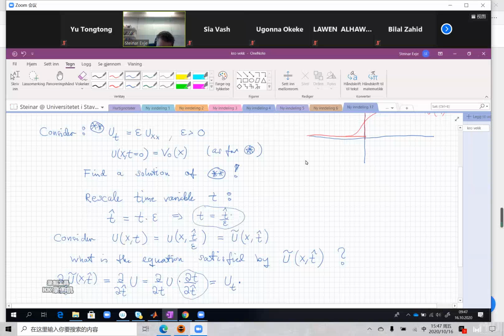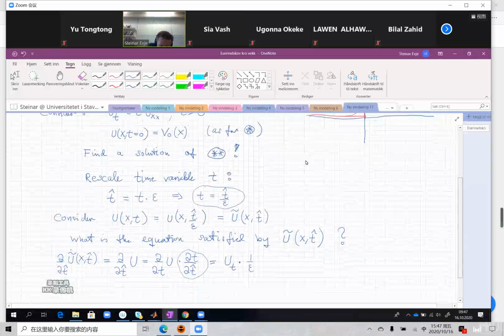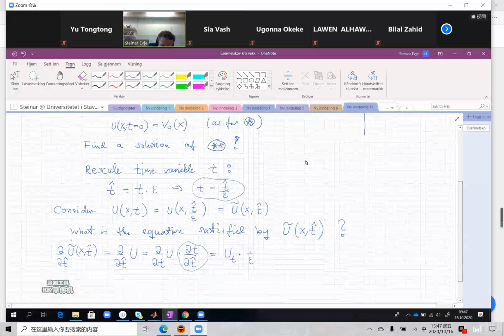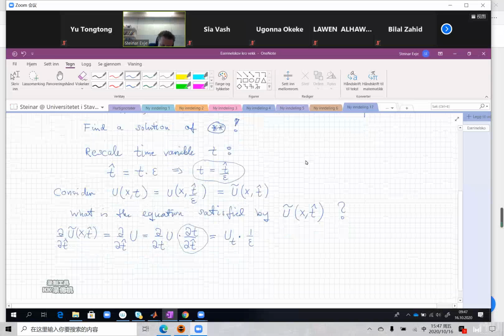But this will clearly give us just 1 over epsilon. So then we have converted the derivative of u tilde with respect to t hat. We have seen that that is the same as the derivative of u with respect to original time t multiplied by 1 over epsilon.